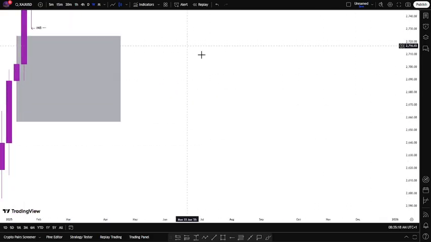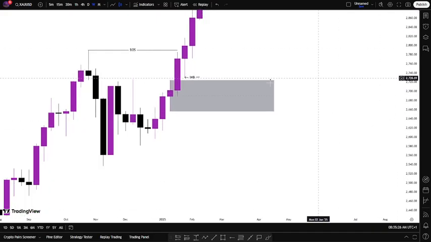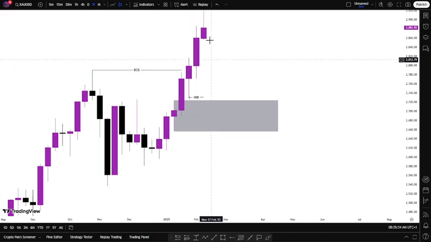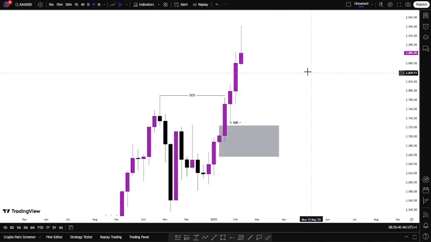See this gap in between here, from this place to this place, it's the imbalance. And see below here, after price breaks structure to come back, it did not fill it to this extent, so we just kept going. Now we've gotten our demand.